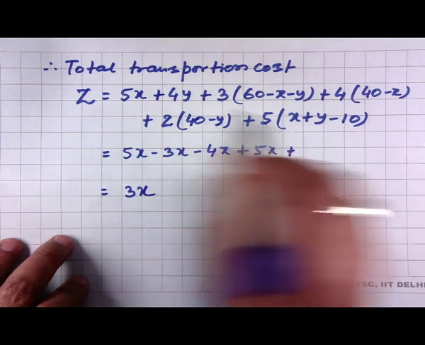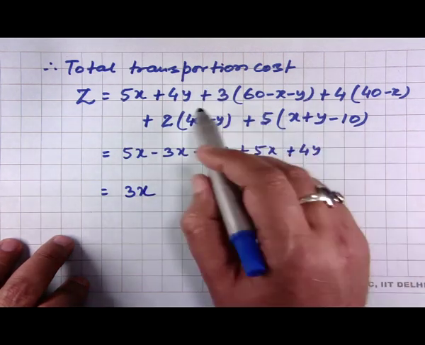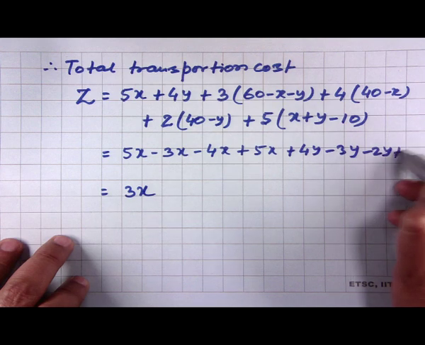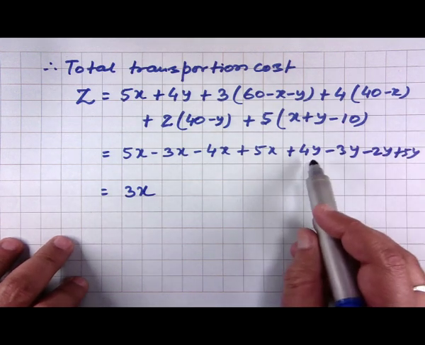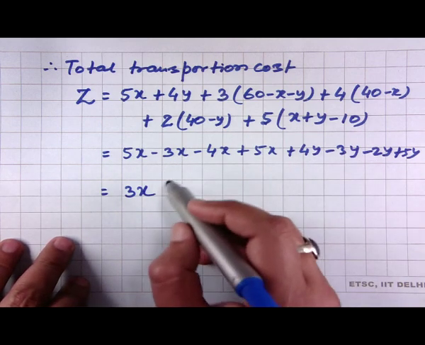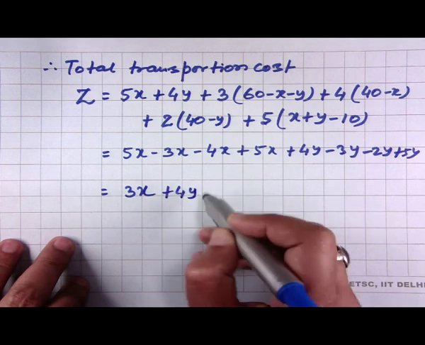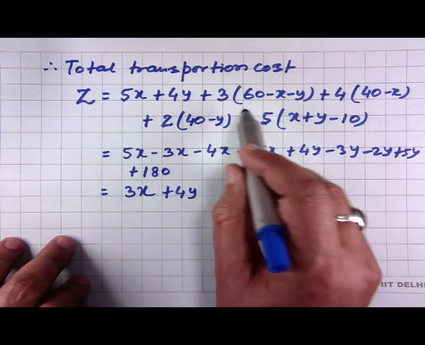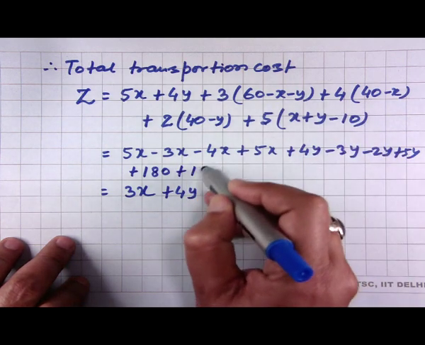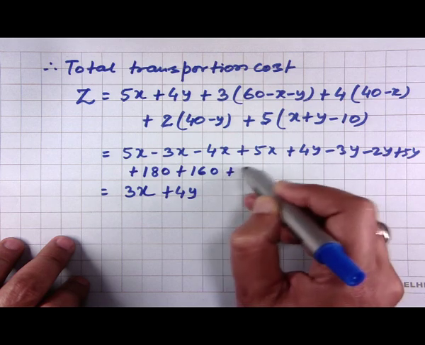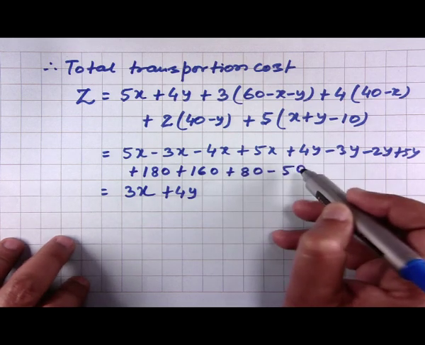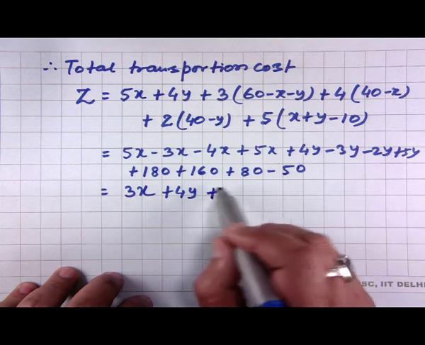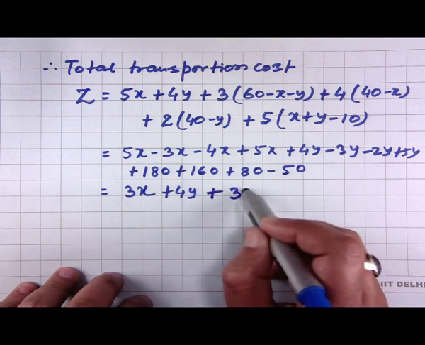Now for y: 4y minus 3y minus 2y plus 5y gives 4y. The constants: plus 180, plus 160, plus 80, minus 50, which equals 370.